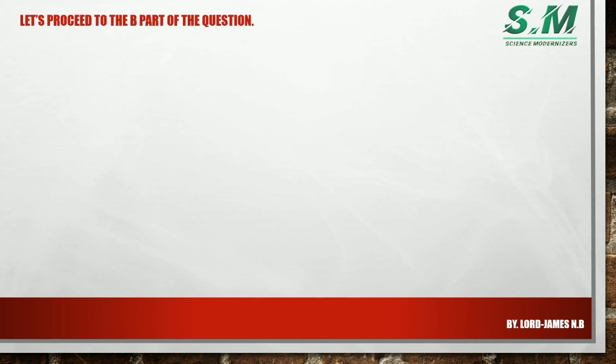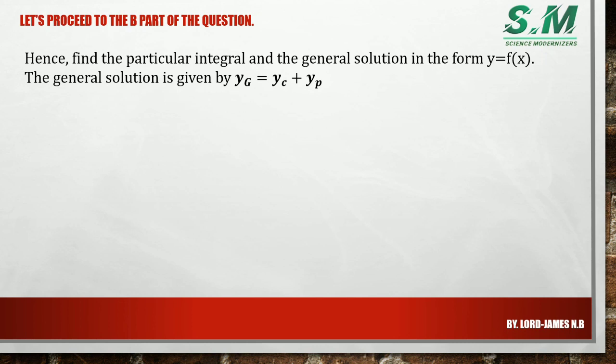The second part says we should hence find the particular integral and the general solution in the form y equal to f of x. The general solution of a differential equation is given by the complementary function plus the particular integral. We notice that in this question the particular integral, yp, was not given. So we will have to define a particular integral in this case, and the particular integral shall be defined as yp equal to ax squared e to the negative 3x.